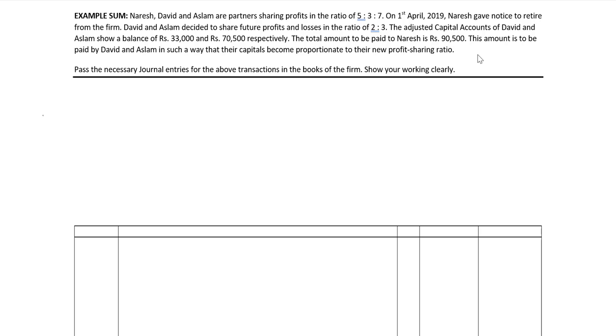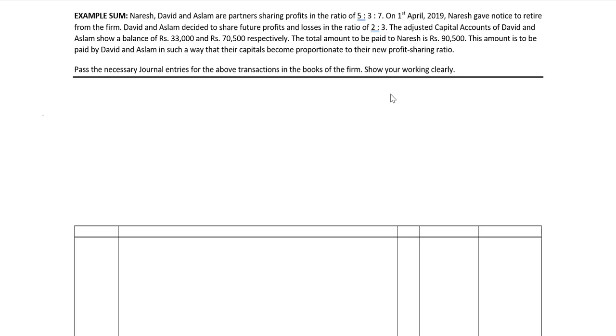The adjusted capital accounts of David and Aslam show a balance of rupees 33,000 and rupees 70,500 respectively. The total amount to be paid to Naresh is rupees 90,500. This amount is to be paid by David and Aslam in such a way that their capitals become proportionate to their new profit sharing ratio. Pass the necessary journal entries for the above transactions in the books of the firm. Show your workings clearly.